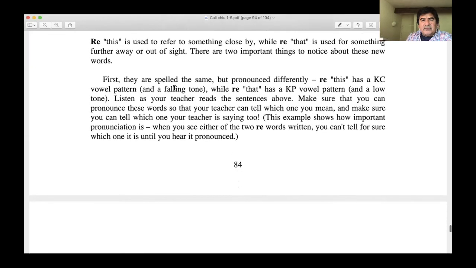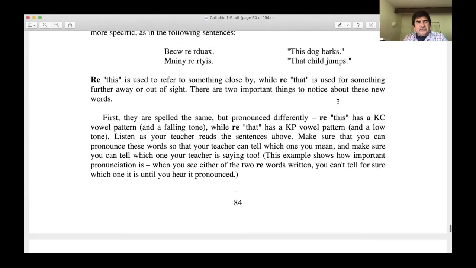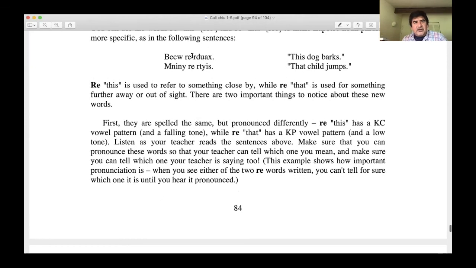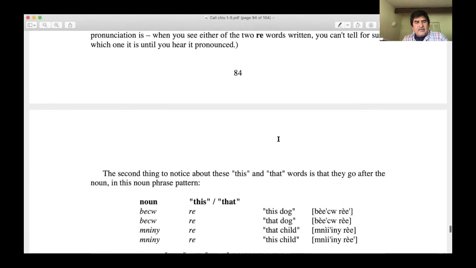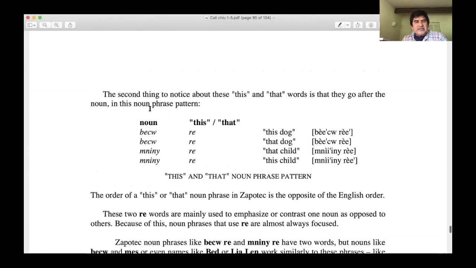All right, and then we just went over the different types of vowels, the creek and the check vowel, that you see on the re. Remember, this is the creek and check, and that is creek and plain right here. Okay, and as I said, this is the pattern, right?